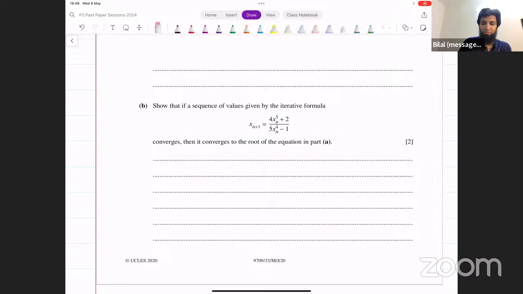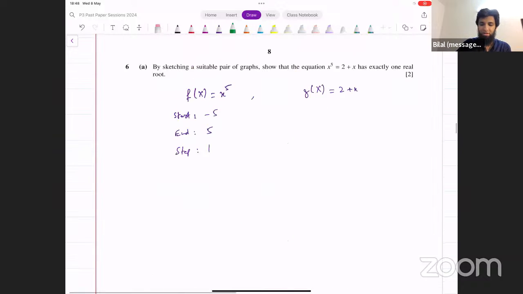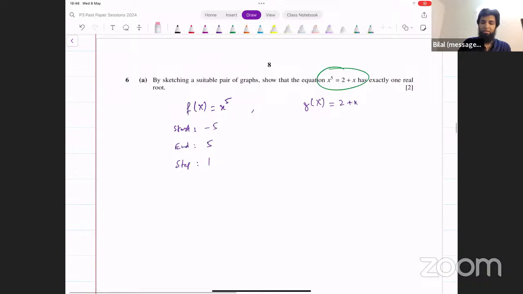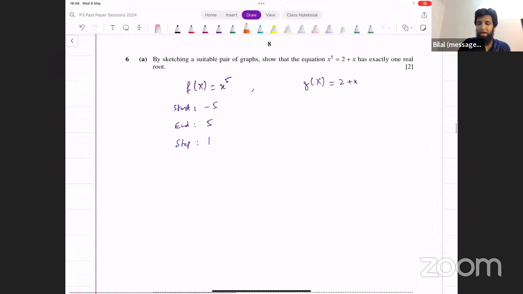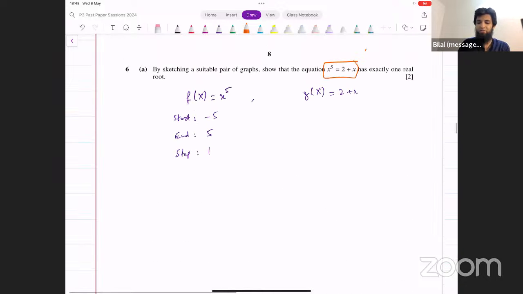So what they mean by this is, if this iterative formula gives you a solution, then that solution is the root of the equation that you have in part A. That means the answer that you would get from this iterative formula actually is the answer to this equation.